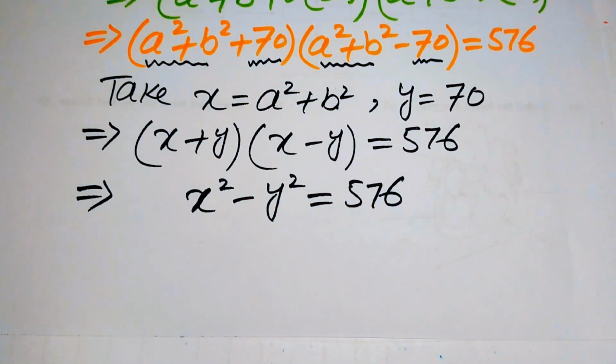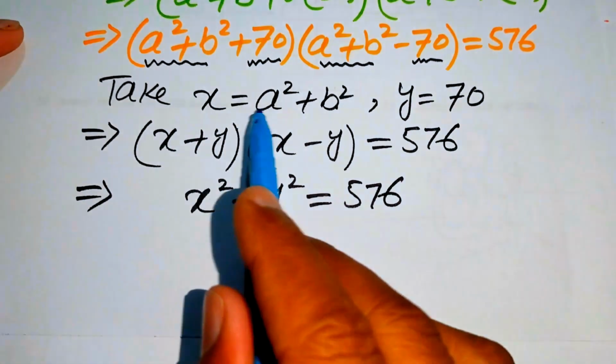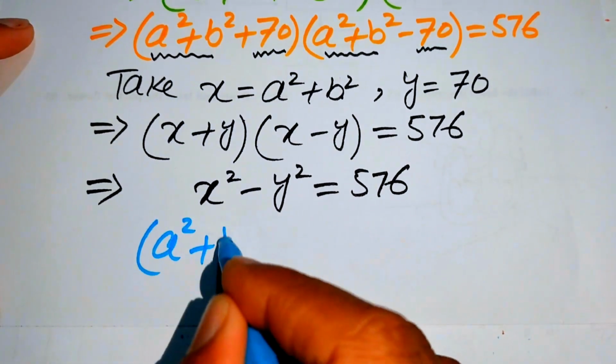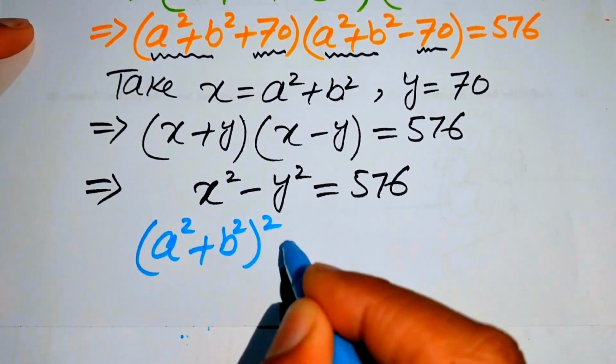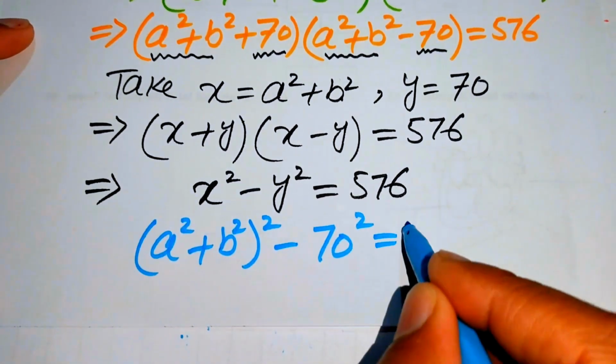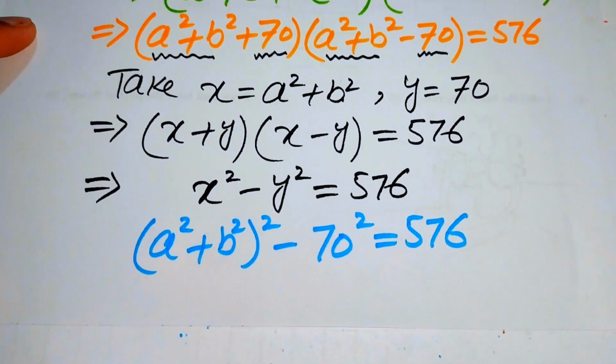Now we substitute the values of x and y, where x equals a² + b². We substitute it here and we get (a² + b²)² − 70² = 576.